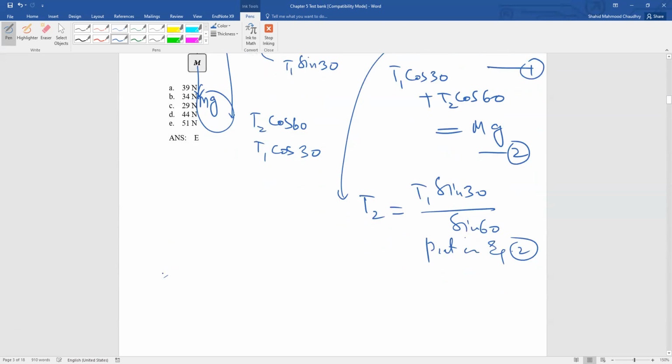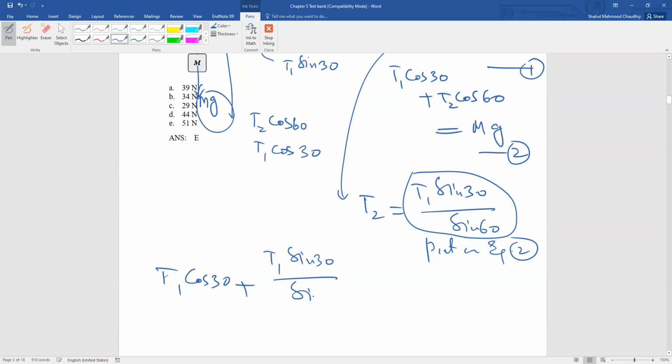It will become T1 cos of 30 plus T2, which is T1 sine of 30 divided by sine of 60 multiplied by cos of 60, and this is equal to mg.